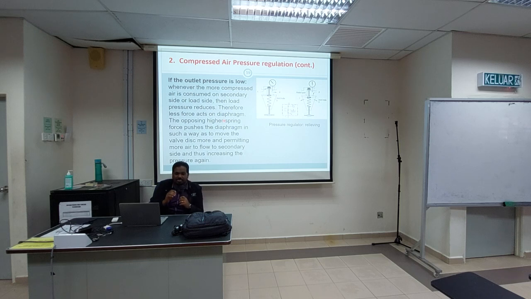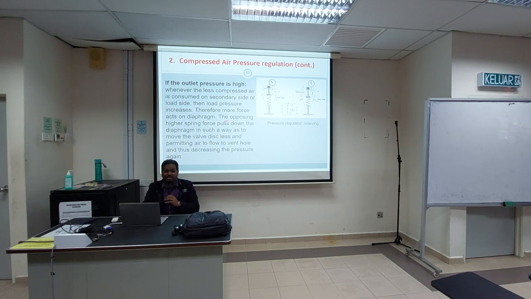So let's say your system yang you nak gunakan, you perlukan 10 bar, tapi sistem you yang you dapat cuma 7 bar, but your application requires 10 bar. Apa yang dia akan buat? So dia akan tangkap udara, dia akan compress, dia akan supply. It will help you to supply. So it has some kind of mechanism dalam ni to increase. So from 7 bar it will increase to 10 bar so that it can be used for your application.